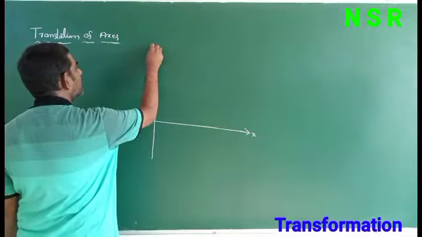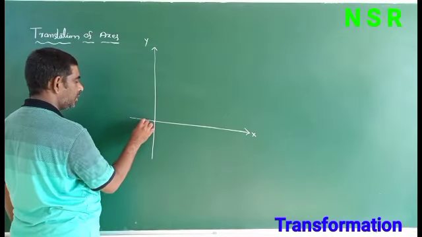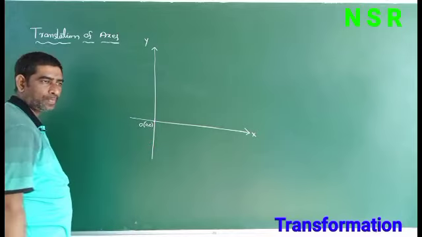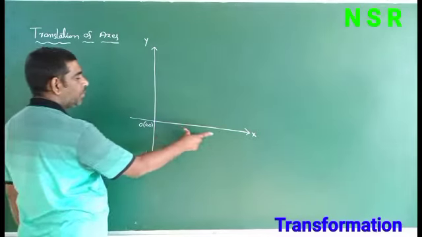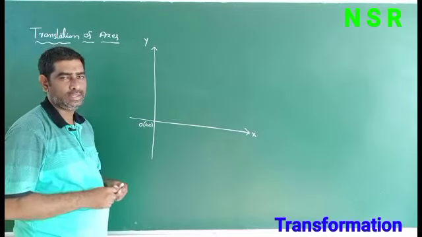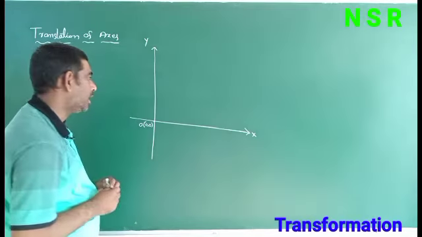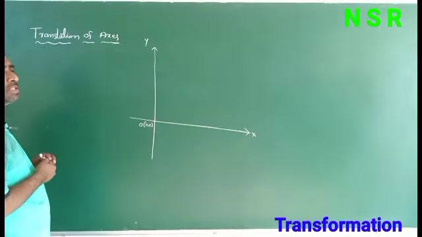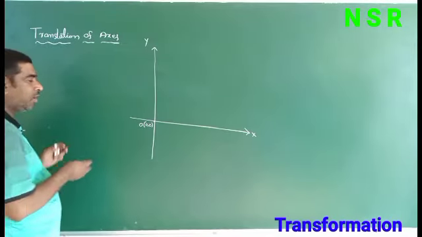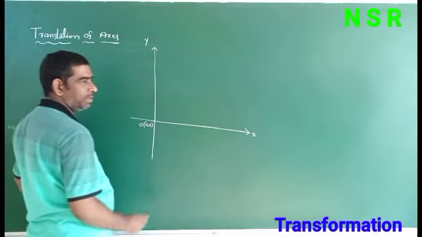So this is x-axis and this is y-axis. Already you know this is origin 0, 0. Here OX and OY are called original axis. Now what is the definition of translation of axis? Origin shifted to a different point in a plane.